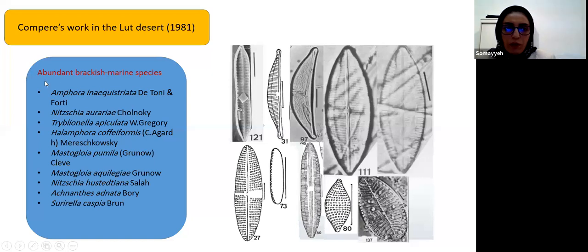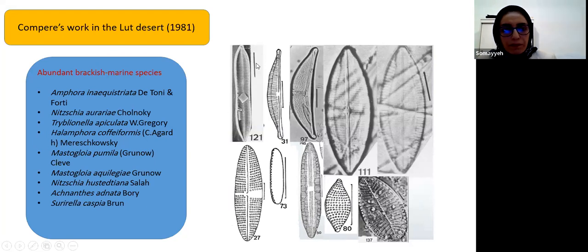A group are brackish marine species that were abundant, and I have put their images here from Comperé: Amphora, Inocystriata, Nitzschia, Aurelia, Tribunella, Apiculata, Halamphora cophiformis, Masticuloia pomila, Masticuloia aquilegia, Nitzschia hochstedtiana, Achnanthus adnata, and Surdirella caspia.